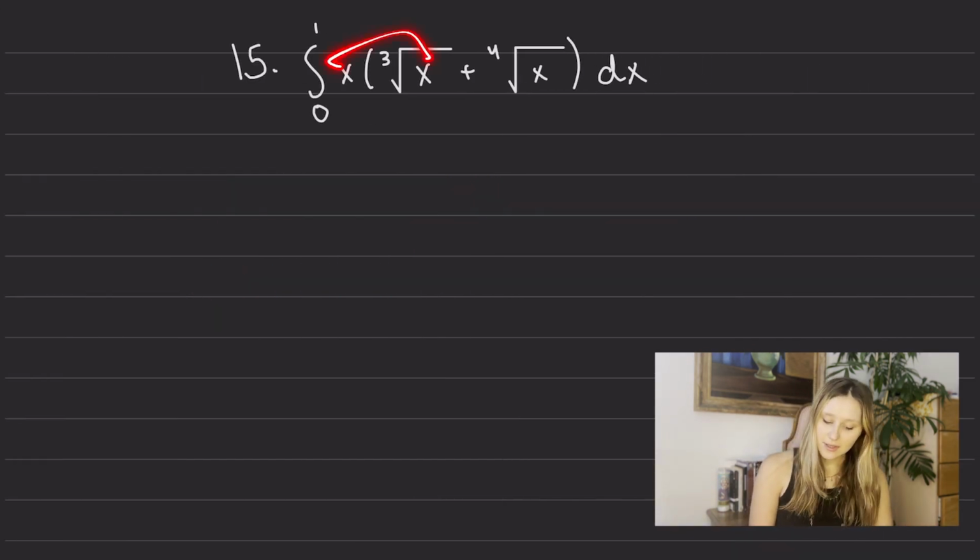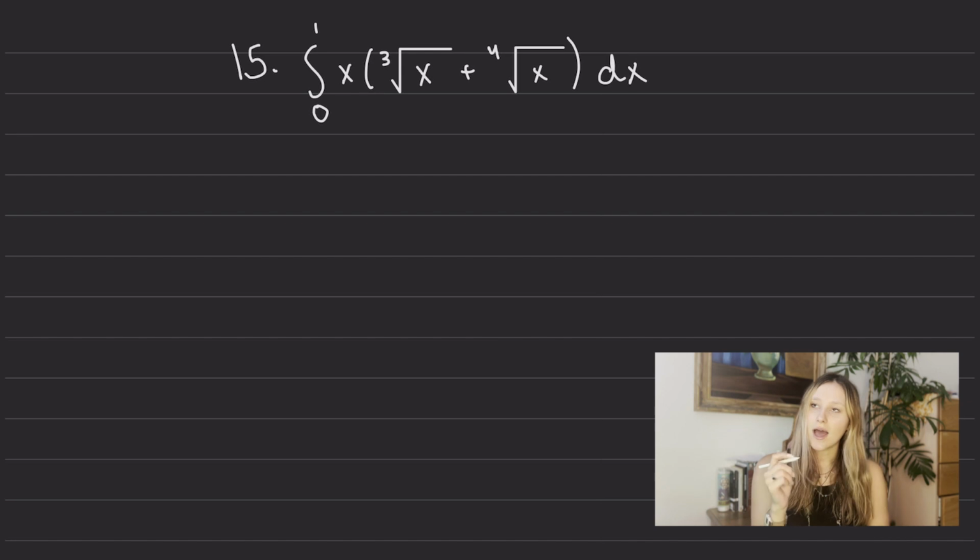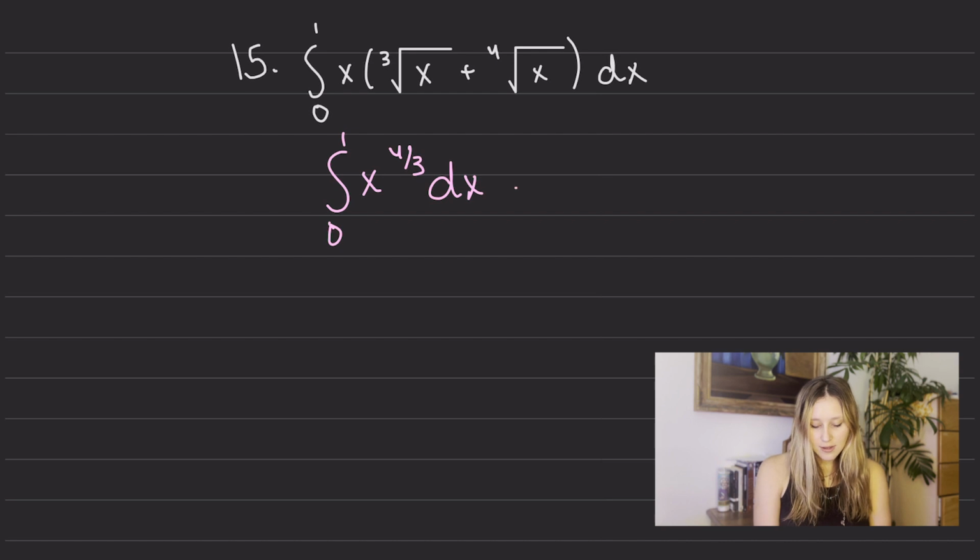We're doing a similar thing here, distributing, similar thing to a couple problems ago, distributing x times the third root of x, which is going to be x to the 4/3 dx plus x to the 5/4 dx.